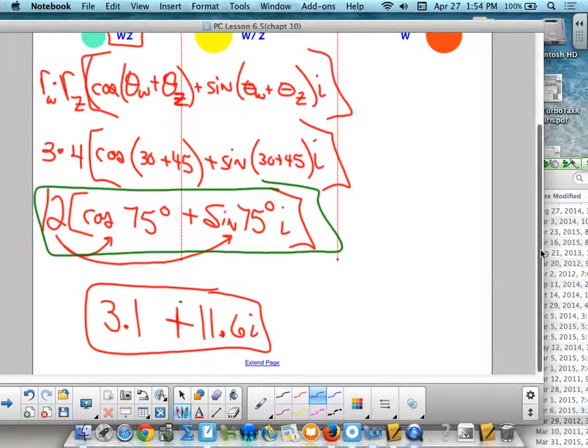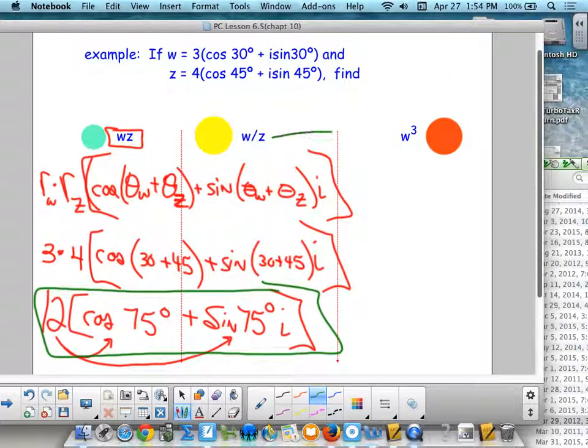It's W divided by Z. Uh-oh, I'm running out of room, guys.